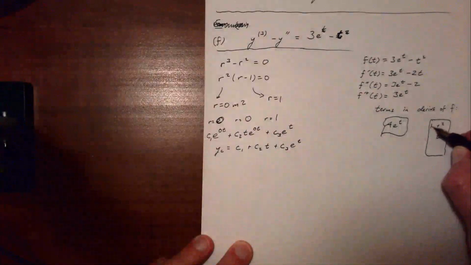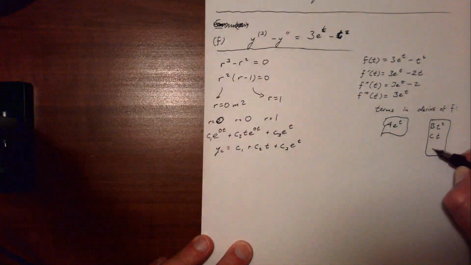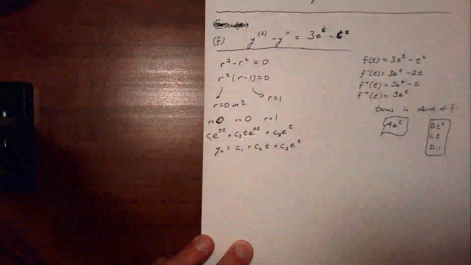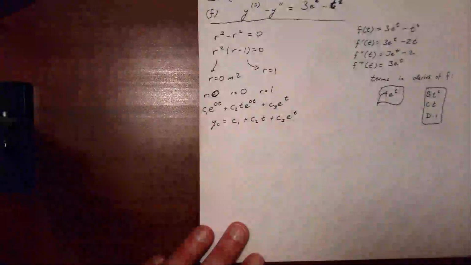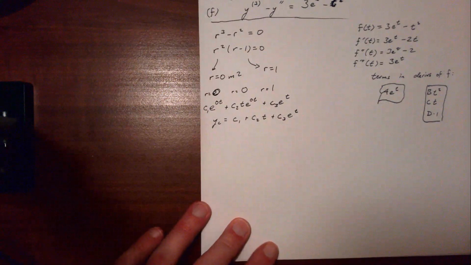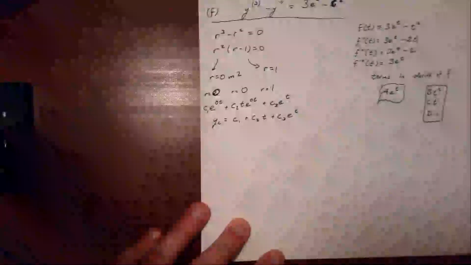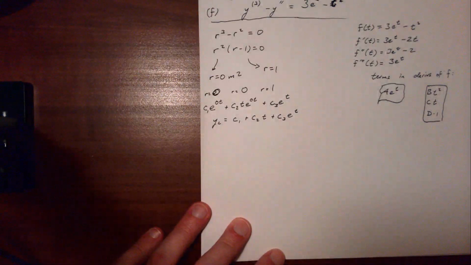So this is going to be bt squared, ct, and d times just 1. But when we look at this, there's a lot of duplication. So duplication, everything is duplicated.